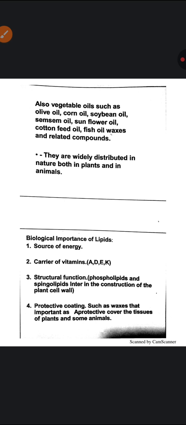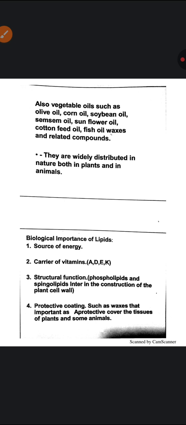Number 3, structural function. Phospholipid and glycolipid enter in the construction of the cell membrane, where we are going to see how phospholipid and sphingolipid are involved. Even if you don't know what is meant by phospholipid and sphingolipid, we are going to see all of them later.